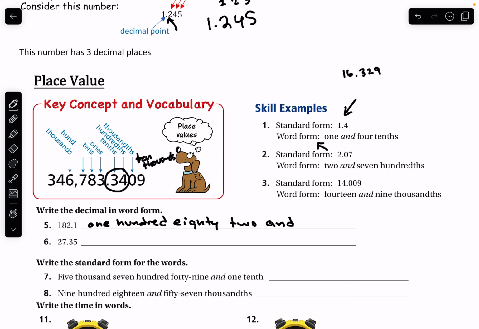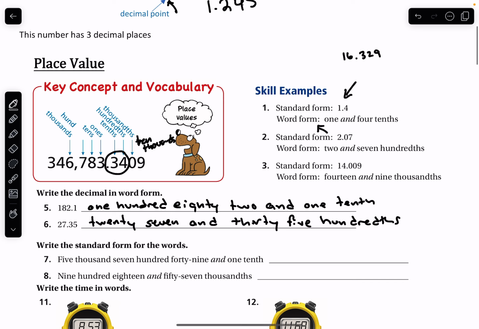So 182 and 1 tenth, because it ends in the tenths place. 27.35, you would write 27 and 35. And then you look at where that number ends, the place value. It ends in the hundredths, so you would say hundredths.